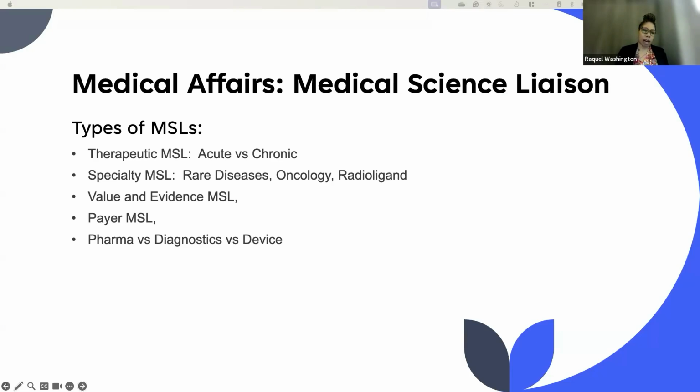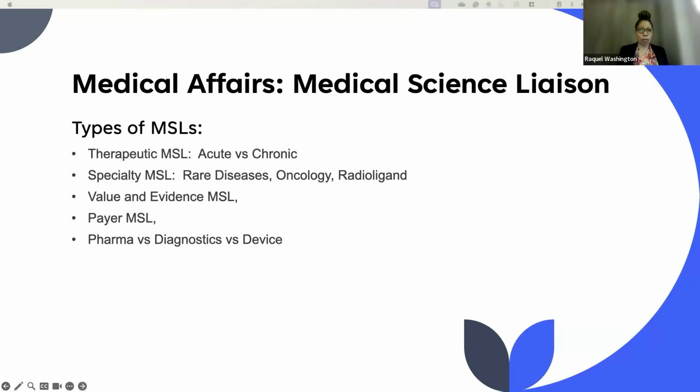The team that I led at Novartis was a value and evidence team, so that was a different role. In that role, the MSLs called on population health decision makers in health systems and in regional payers, looking to provide health economic and real world evidence information to help the adoption and implementation of innovation within those organizations.